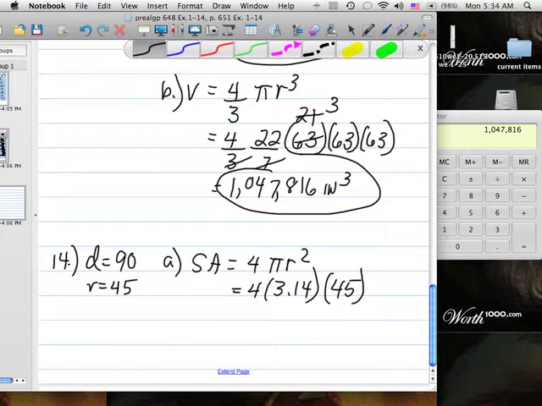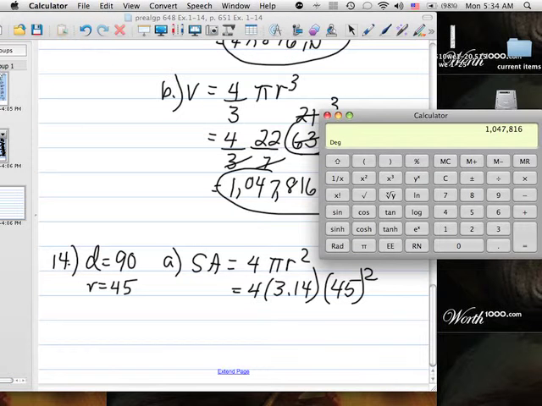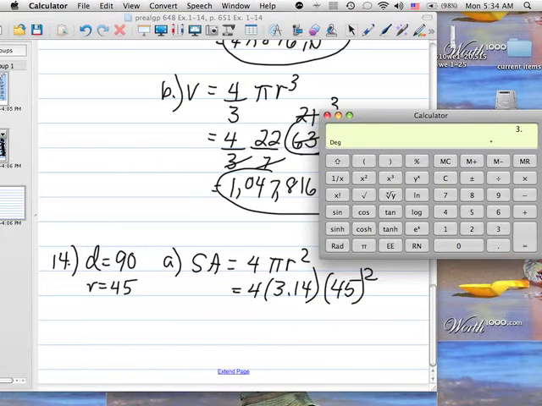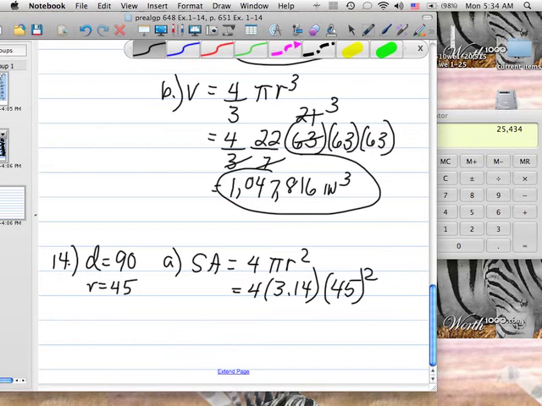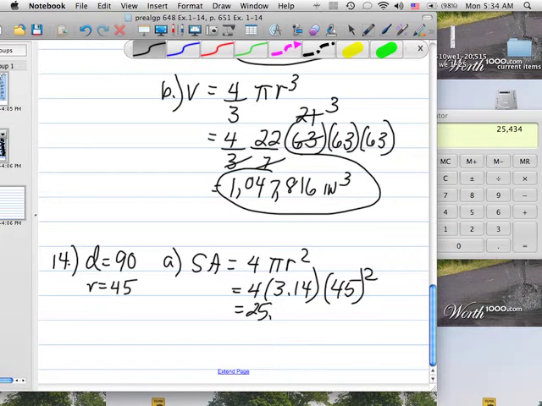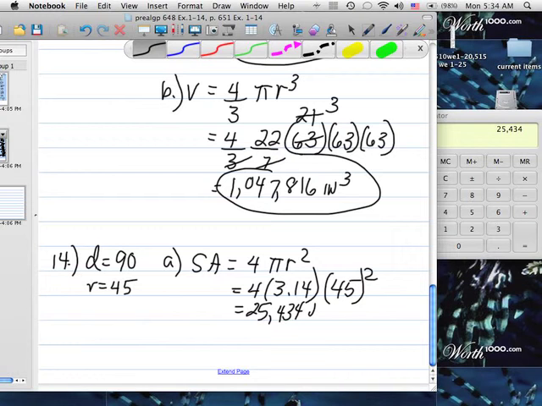Radius squared is 45 squared. So we can take 4 times 3.14 times 45 squared, hit the equal sign, and we get 25,434, and this is area, feet squared.